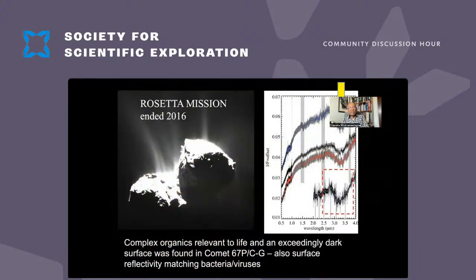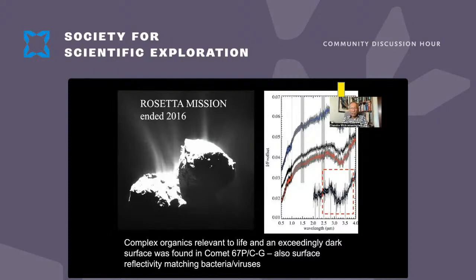Ever since the 1980s, comets have been the focus of astronomical investigation. The most recent mission to a comet was, of course, the Rosetta mission, which ended in 2016. In that mission, complex organic molecules relevant to life were discovered in great quantity, and an exceedingly dark surface was also found, similar to what we found in Comet Halley in 1986.